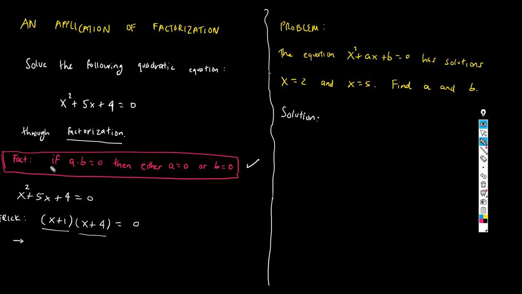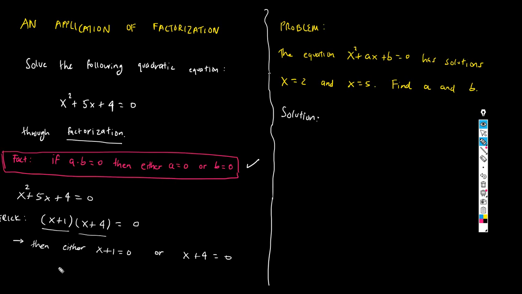So therefore it has the same shape as this, and then we can conclude that either the first factor is 0, which is x plus 1, or the second factor must be 0. You see?